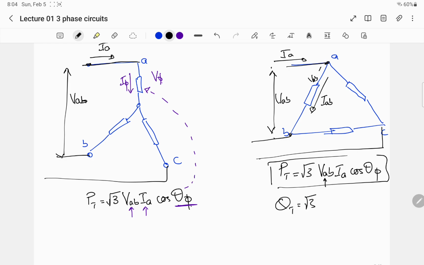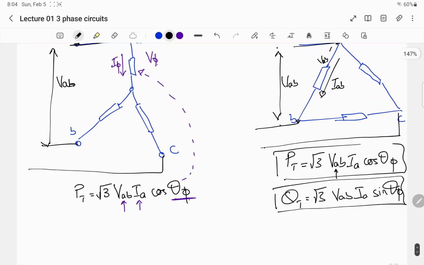For QT, we know the sign changes. And for the power S, this is under root 3 VAB IA.